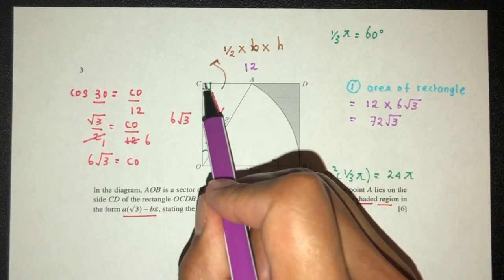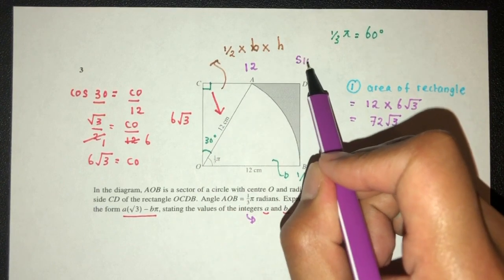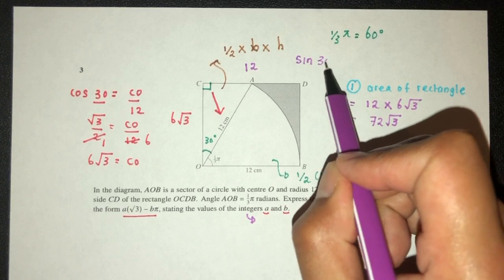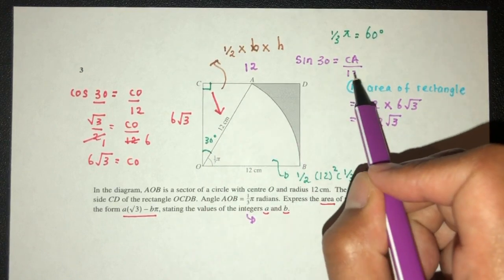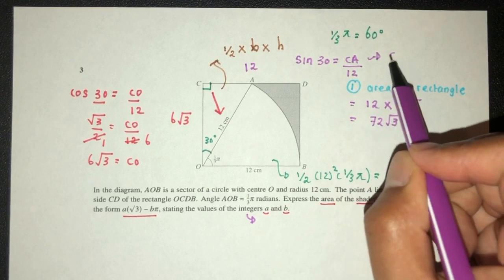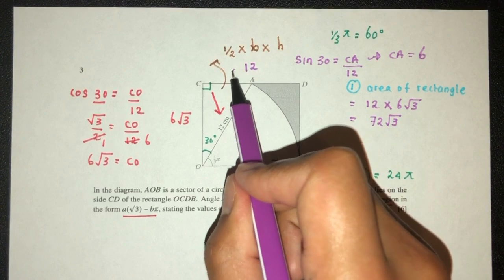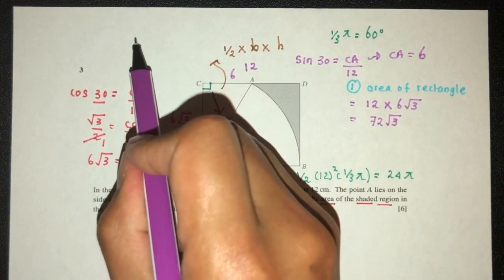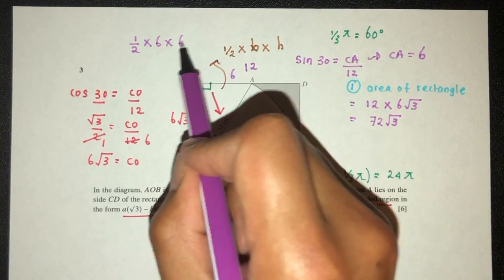We know this 12, we want to find this side, we can use sine. Sine of the angle 30 has to be the opposite side, which is CA, over 12. So CA will be sine 30, which is half, times 12, which is 6. So finally, that should be half times base times height.